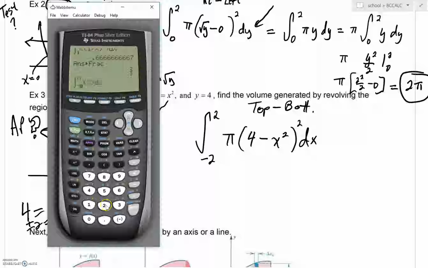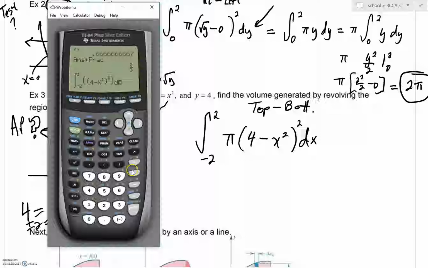That being said, if we are really just focusing in on the important task of how to set this up, we're going to be good enough to just get this typed out. I'm leaving the pi out. We'll put the pi in the end. So we'll have 4 minus x squared, that whole thing squared. That's the length of your rectangle, the height of your rectangle.